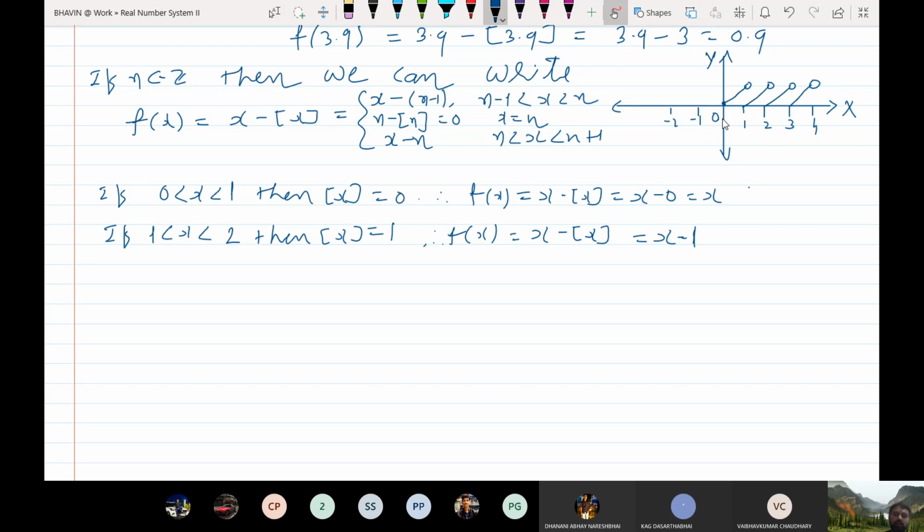I think you have got the idea. Clear? So if your x is on the left side, now between 0 and minus 1, how can you draw the graph between 0 and minus 1? In a similar way, by putting values, you can see these are the graphs.